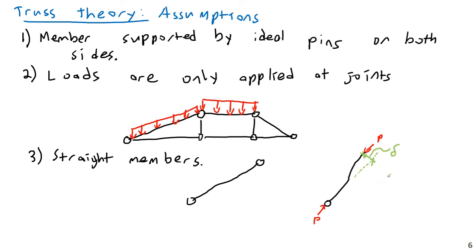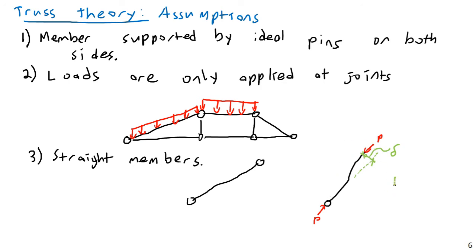In structural engineering, when we talk about the combination of bending and axial force, this is referred to as the P delta effect. What I have here is a P and a delta. In other words, if I take moments about point A, it no longer is the case that this doesn't generate a moment, because now I do have a moment.